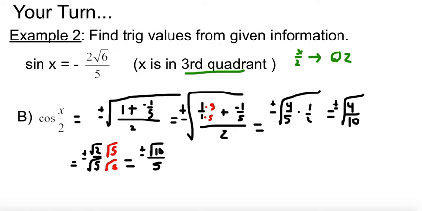So since we're going to be in the second quadrant now, is your cosine negative or positive there? In the second quadrant, your cosine is negative. So we're going to end up with negative square root of 10 over 5.